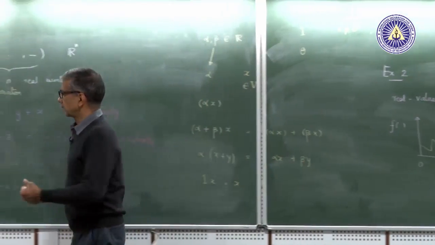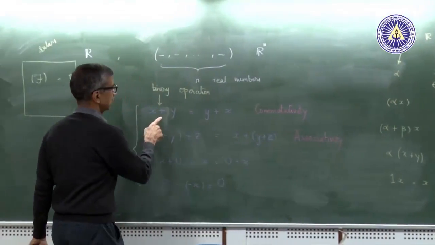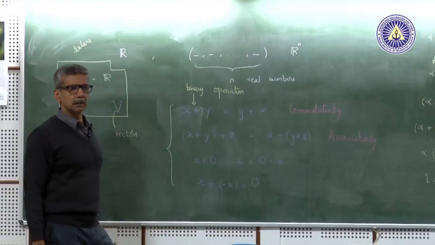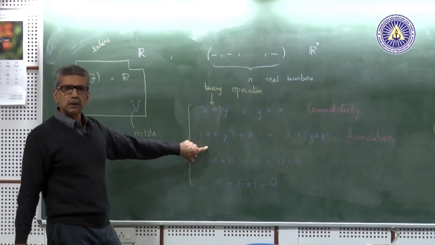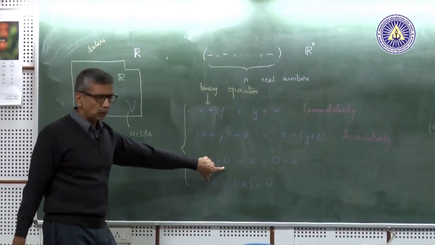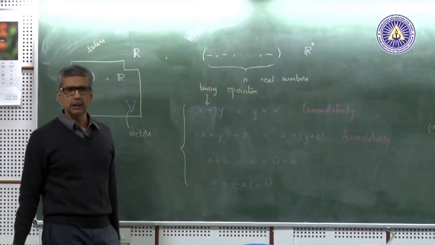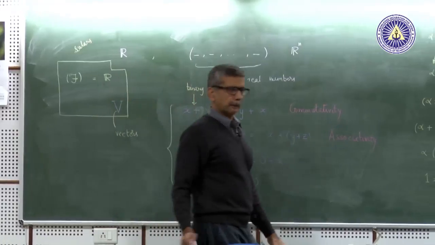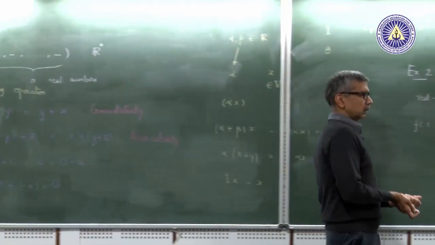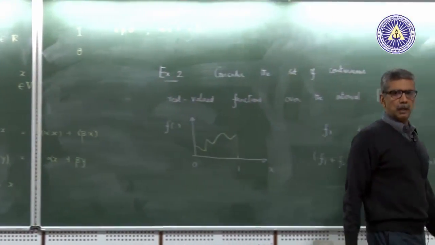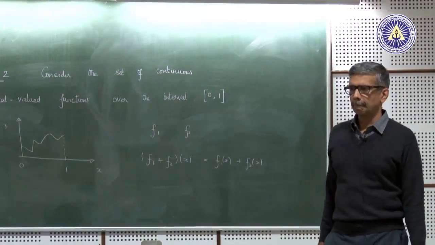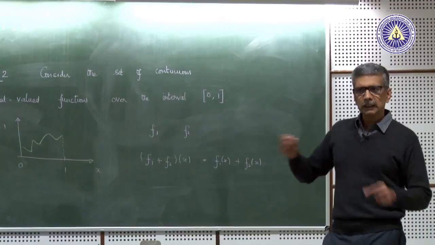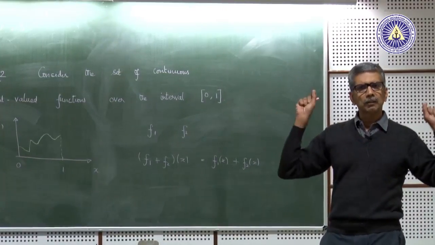Now, with that operation, is this true, the first property? Yes, indeed, commutativity is true. Associativity? Yes, indeed. What is the equivalent of that 0 element? It is just a function which is 0 everywhere from 0 to 1.